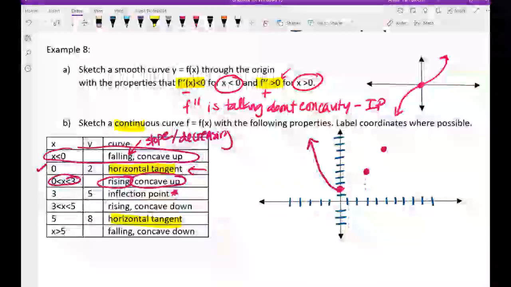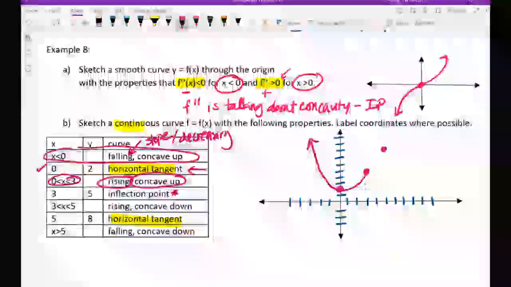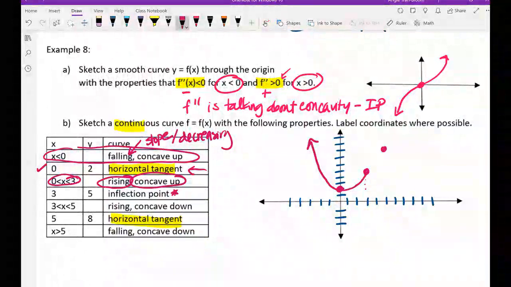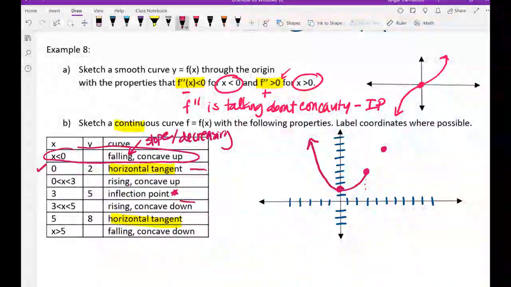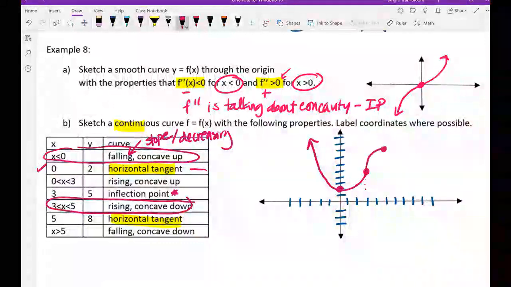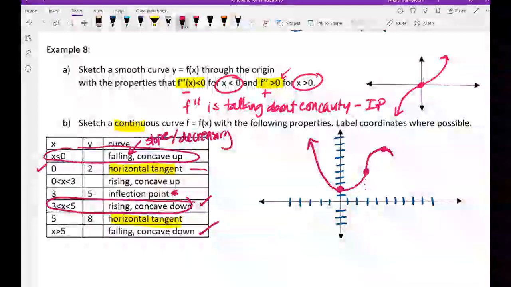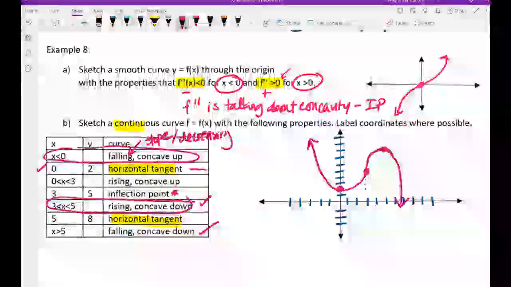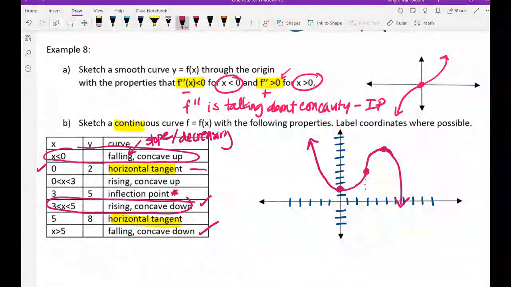At (3, 5), I know I have an inflection point, so on the other side it should be concaving down: rising and concaving down, just like that. Then I have a horizontal tangent, so I should be rounding out, and then falling, which is decreasing, and concaving downward. Voila! That's how you sketch.